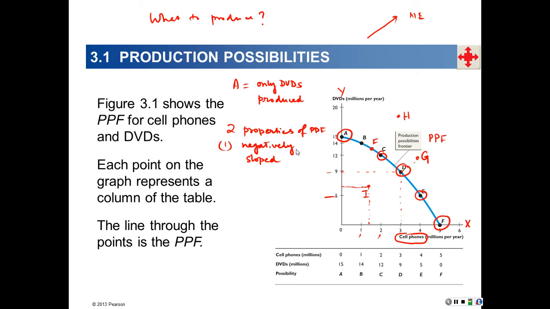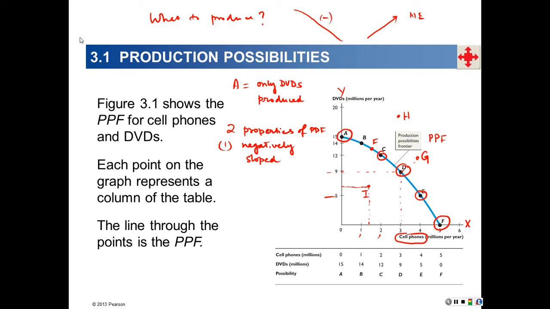Now, what do I mean by negatively sloped? What's a negatively sloped line? A negatively sloped line is one that starts out in the northwest and ends up in the southeast. So lines like that are negatively sloped. You follow me? So this is a negatively sloped line.